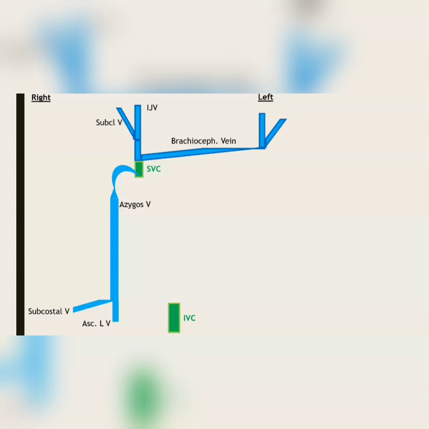Let me just ask you as a revision, what are the structures present within the costal groove of the rib? There is a neurovascular bundle. What are the structures present in the costal groove in order? Do you remember from superior to inferior?